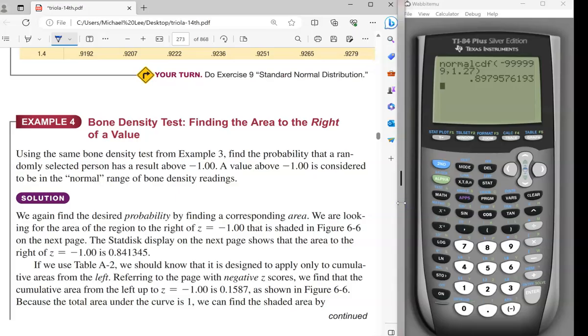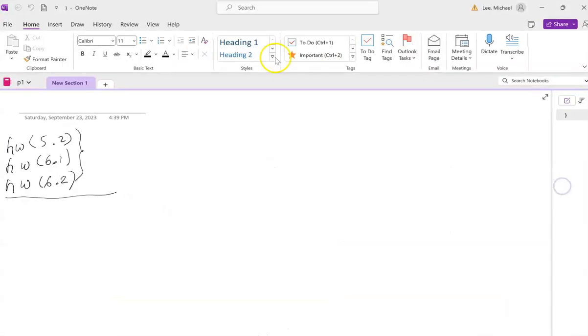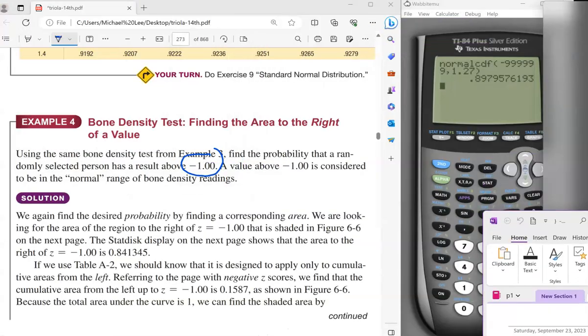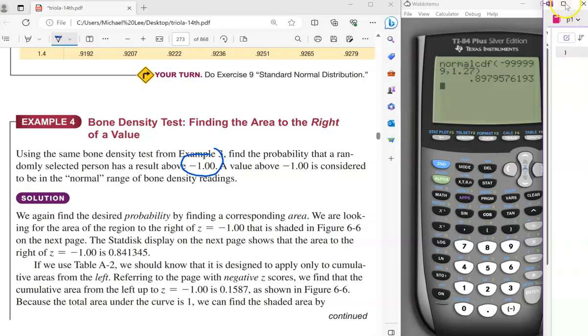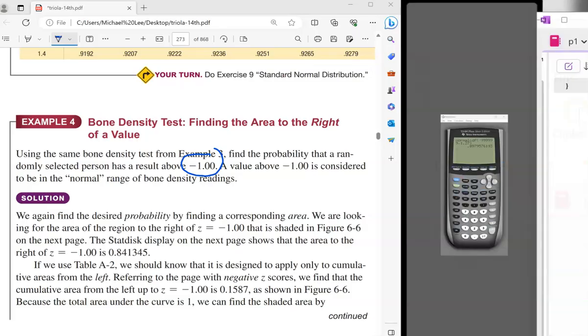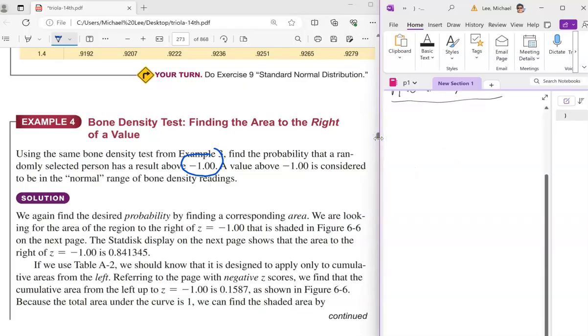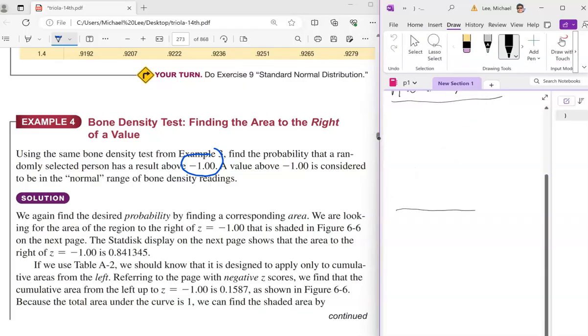Okay, so doing the same, first find above -1. In other words, they want to have a bone density above -1.